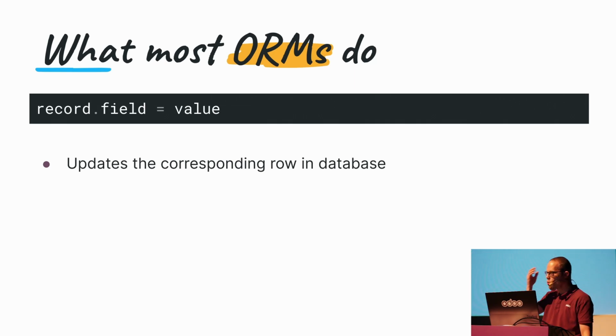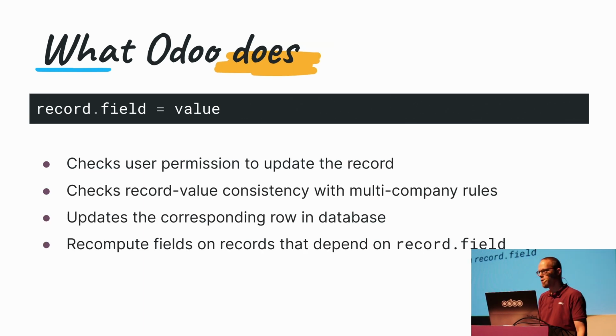For a quick comparison, when you assign a value to a field on a specific record, in most ORMs, this essentially updates the row corresponding to the record. In Odoo, it will check user permissions to make sure the user does not do something that's forbidden for that kind of user. It might check that the value is consistent with multi-company rules.